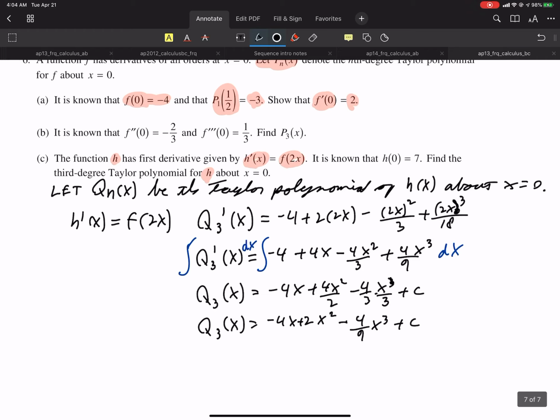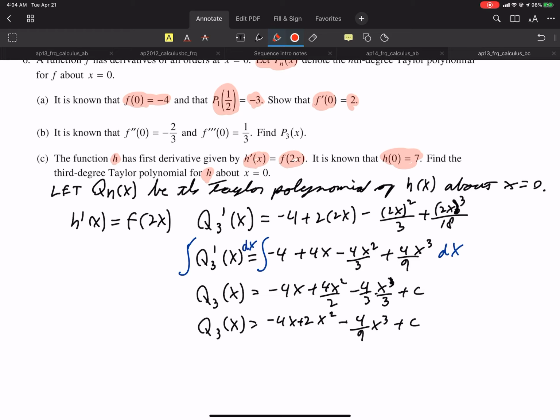How do you find c? You take the last piece of information given right here. H of 0 is 7. So one way to look at this, if you're building from scratch, the constant term of your polynomial is going to be h of 0.